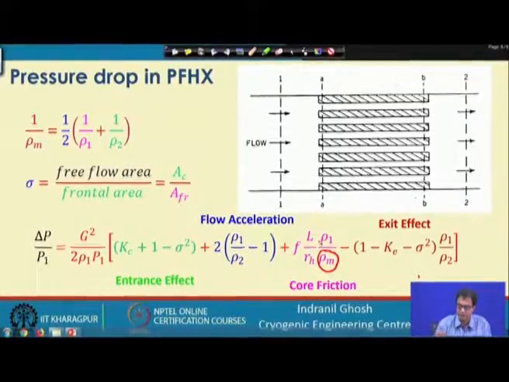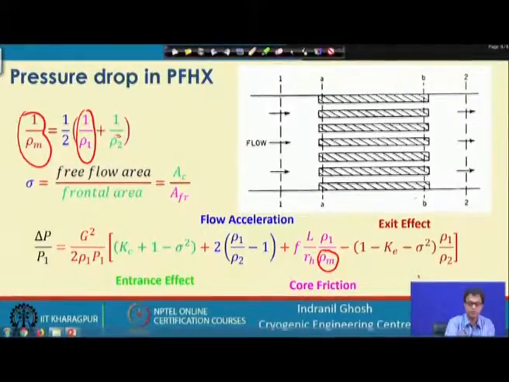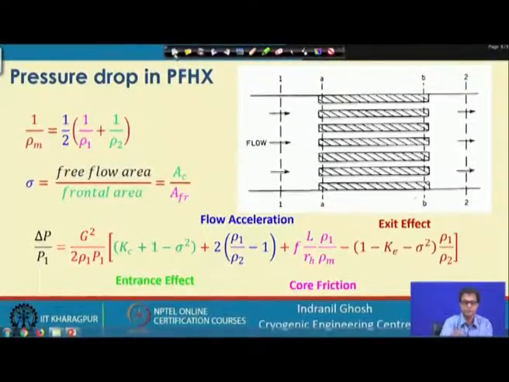This is a mean value, an harmonic mean of, say, 1 by rho, I mean rho 1 and rho 2, and this is given by rho m. How are they related to each other?